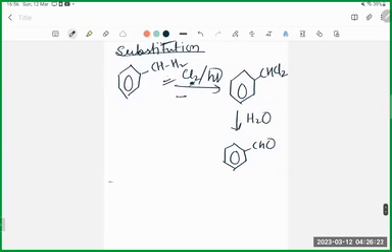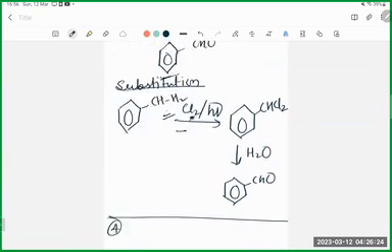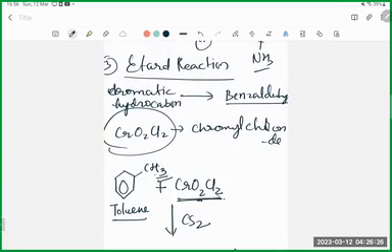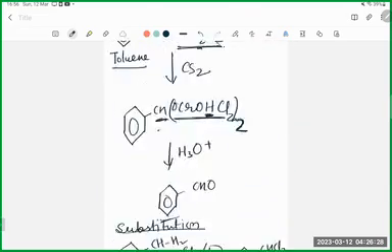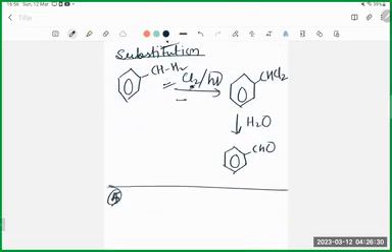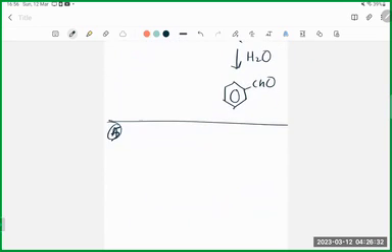Next is a very important naming reaction. Fourth it would be, isn't it? How many have we done? No, it will be fifth. This is the fourth; the fifth is the Gattermann-Koch reaction. What was the Gattermann reaction, Hridaya?